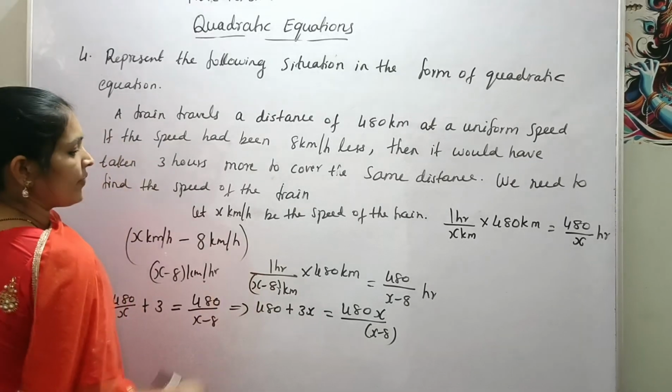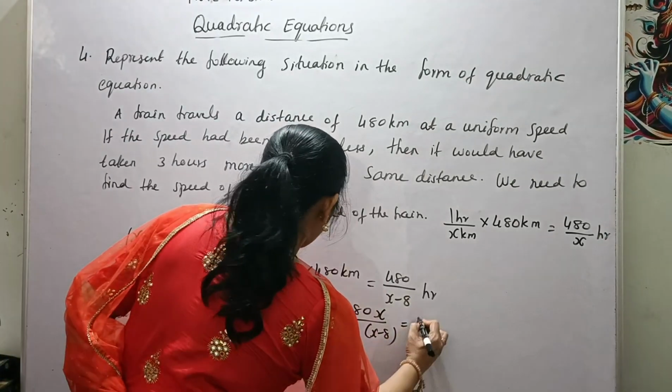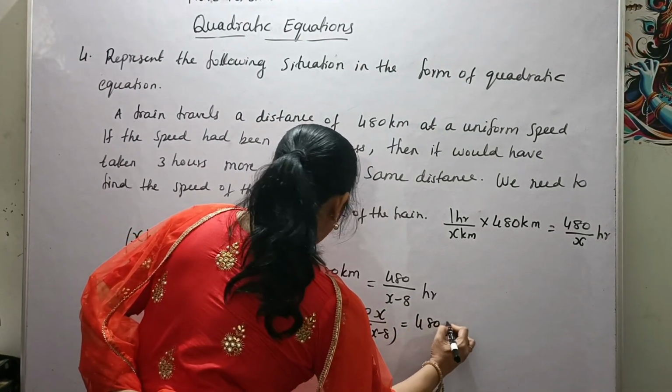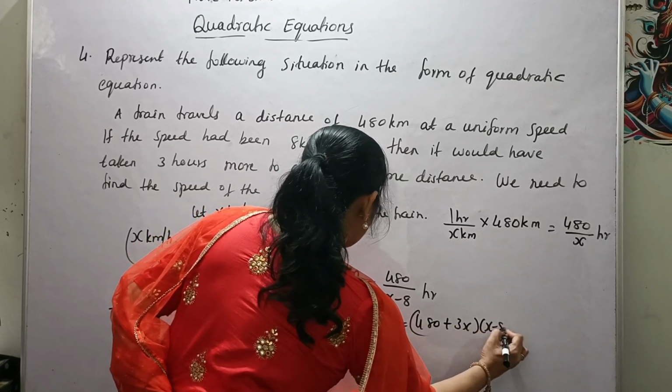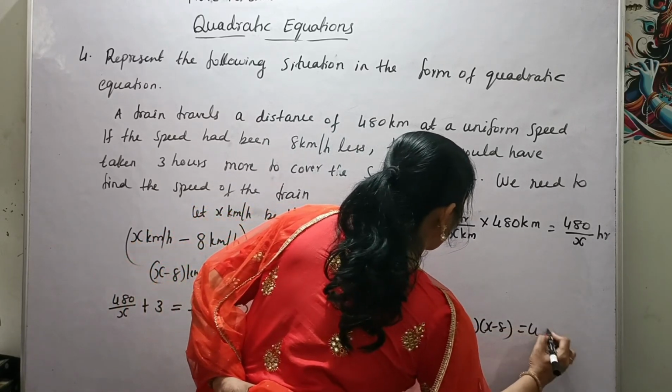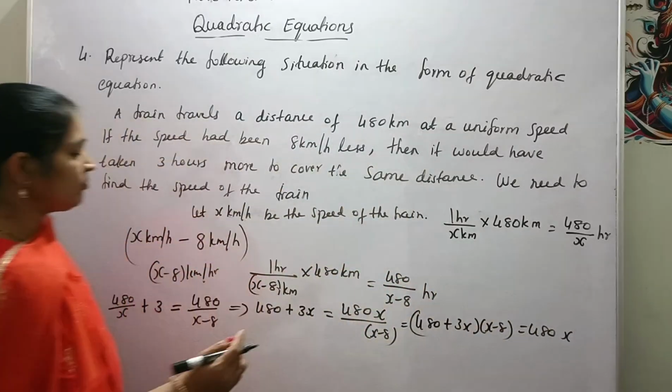Take x minus 8 to the left side, it will be 480 plus 3x into x minus 8 is equal to 480x.